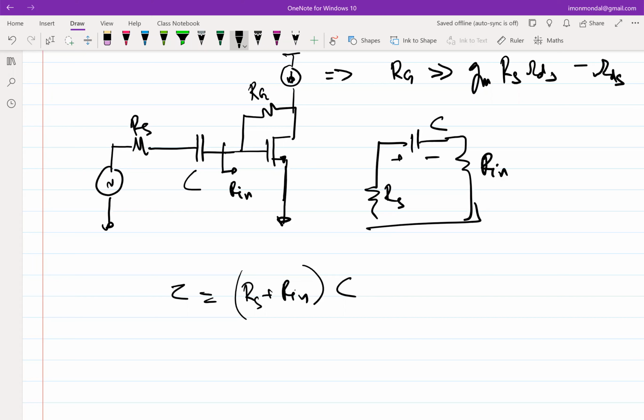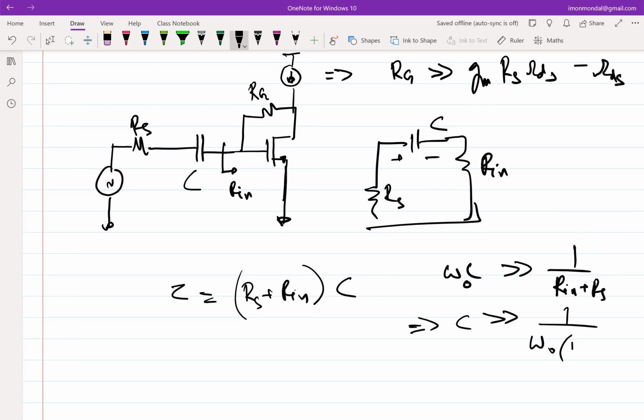So omega naught C, whichever frequency you are operating at, has to be much greater than 1 by Rin plus RS. Which means C has to be much greater than 1 by omega naught times Rin plus RS. You can approach it from the time constant perspective or the impedance perspective, and you essentially get the same answer.